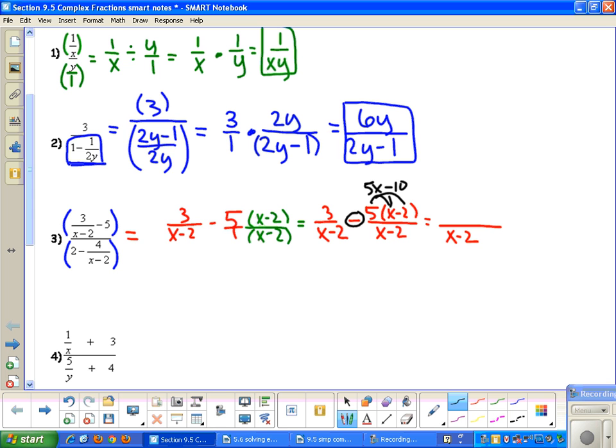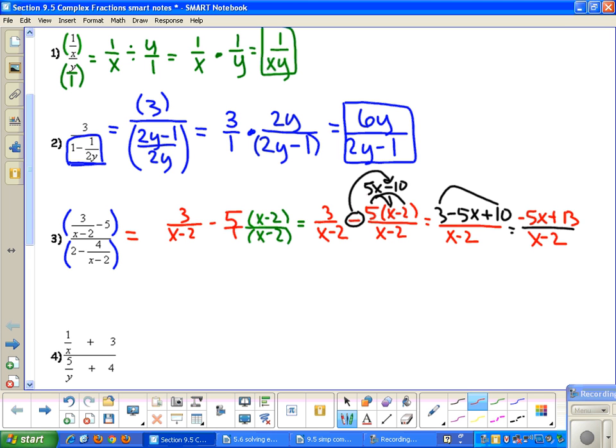So in my numerator, 3 minus 5x, and then you have to distribute that negative, so that would be plus 10. And then I'm not done because 3 and 10 are like terms, so that's really going to be equal to, I have my common denominator, x minus 2, and then in my numerator, I have negative 5x plus 13. So that's all for my numerator.